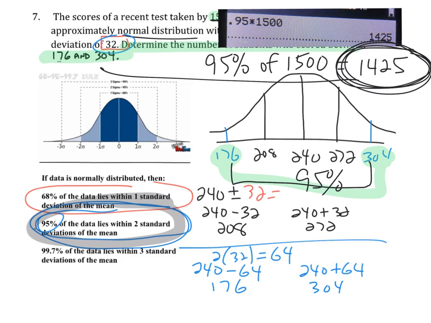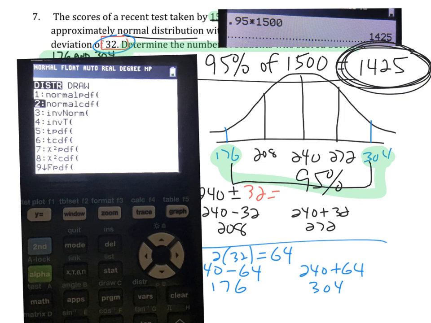Now, there's another way of doing this kind of problem directly on your graphing calculator. You go to the distribution feature of the calculator, which is second and variables, and you go to number 2, which represents the normal distribution.